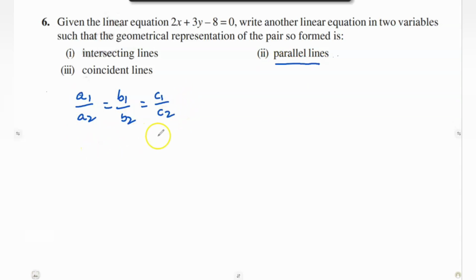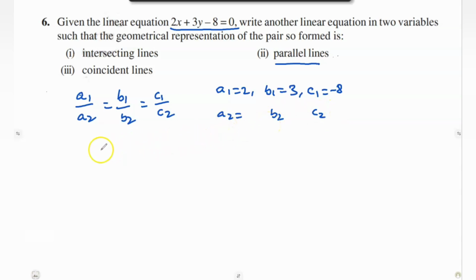So now coming once again, when we compare a1x plus b1y plus c1 equal to 0 to this, a1 is equal to 2, b1 is equal to 3, c1 is equal to minus 8. Now let us assume a2, b2, c2 values such that they are all equal.